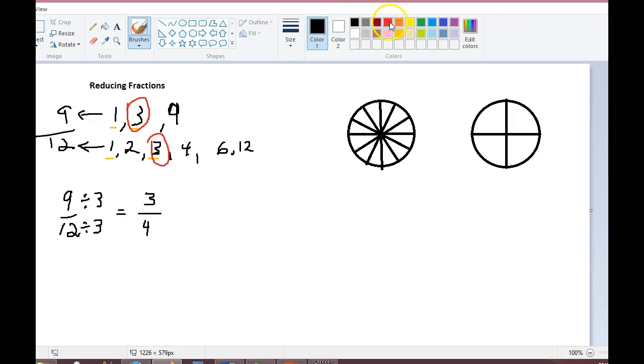We can even see this visually if we look at a wheel. I have one wheel, or a pizza, or pie, or something, divided into 12 equal pieces. And we want to represent 9/12.